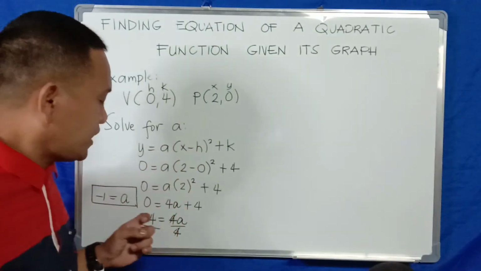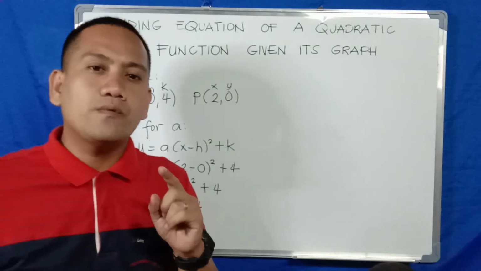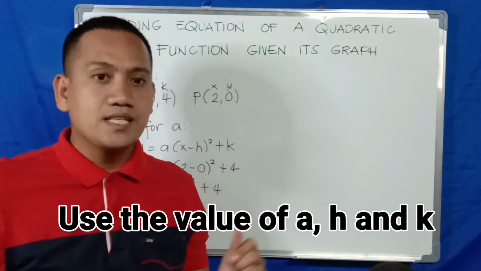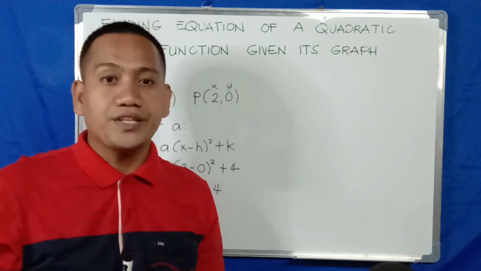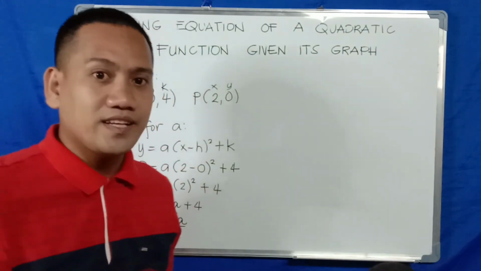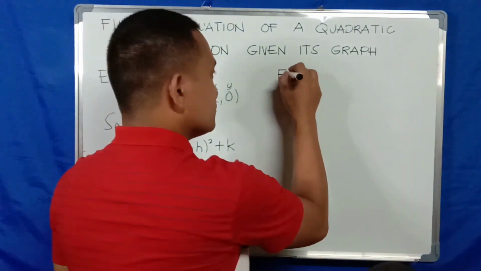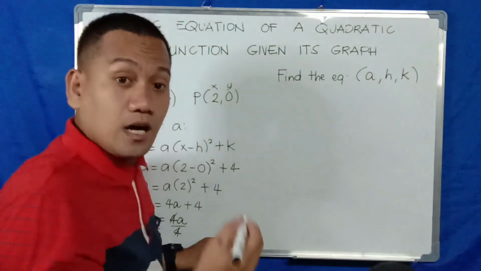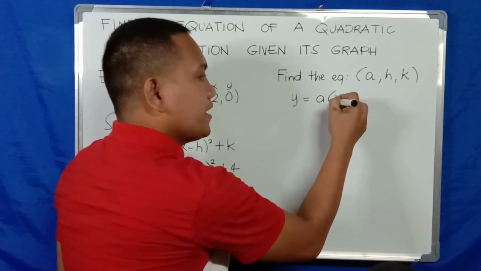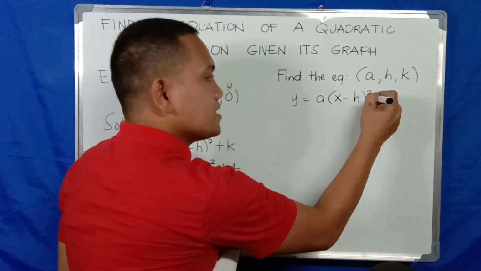So after we obtained our a, the next thing that we will do is to use the value of our a and the coordinates of our vertex in determining the vertex form or general form of a quadratic function. So let's try to find out now the equation, by using our vertex form, y equals a times the quantity x minus h squared plus k.